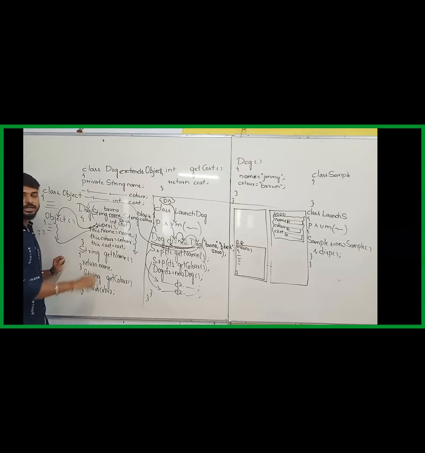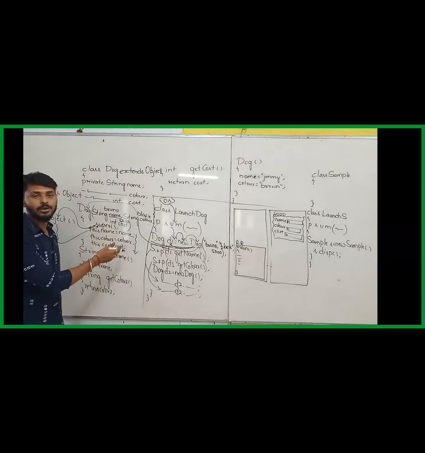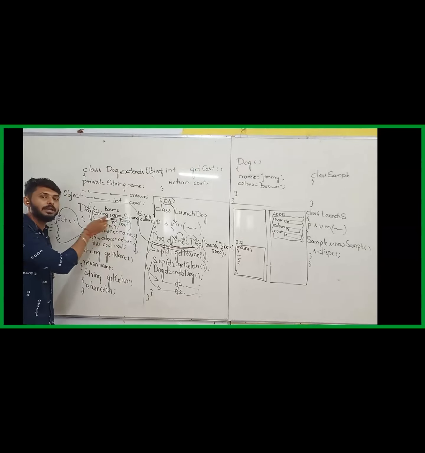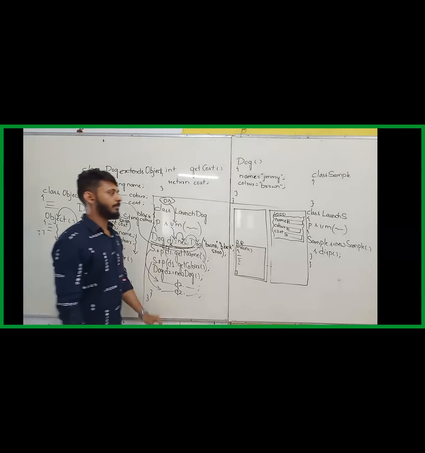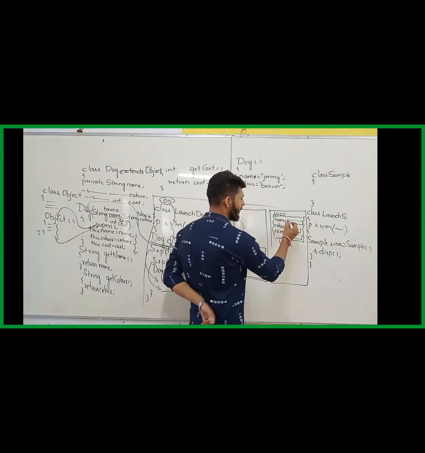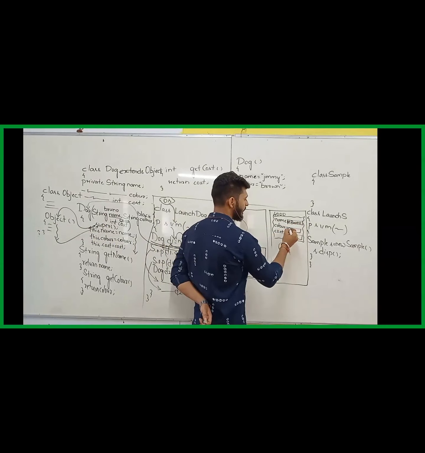this.name equal to name, this.color equal to color, this.cost equal to cost. Which side is local? Which side is instance? Right side is local and left side is instance. Why I'm taking local first is because from local I'm copying it to instance. What is the value present in local variable name? Bruno. So this will become Bruno, Black, and then 5000.